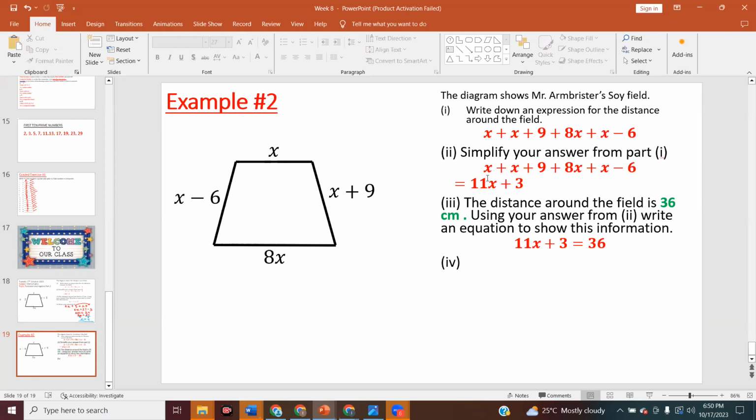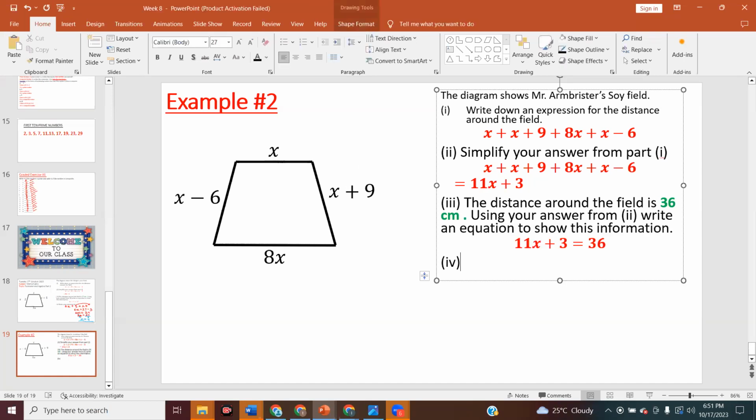So whatever you get for this part, set it equal to the second part, because both of them are the perimeter. 11x plus 3 is the perimeter in algebraic form, and 36 is the perimeter as well, but in numerical form. So we have to set them equal to each other. All right, does that make sense? Yes, sir. Good.